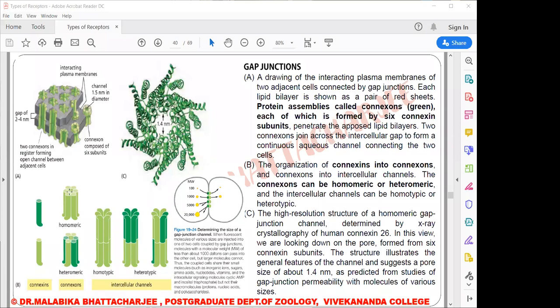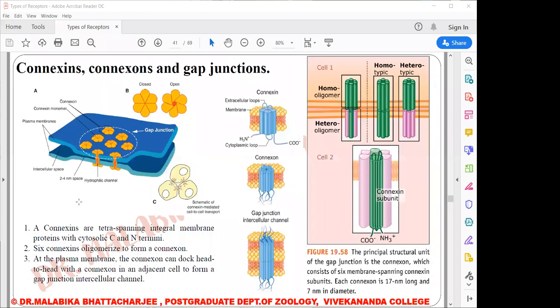So the proteins can be of 2 categories. It can be of the light green shade or the dark green shade, or a mixture of dark and light green shade. So there are 6 proteins surrounding a small channel. Each protein is nothing but a polypeptide. If this is the plasma membrane, you can see that this is a polypeptide.